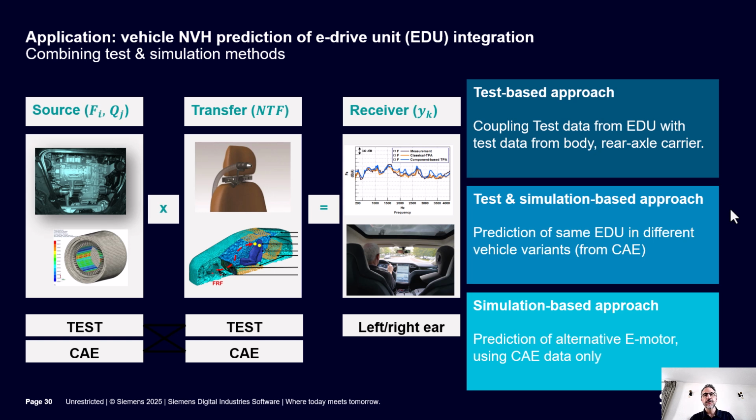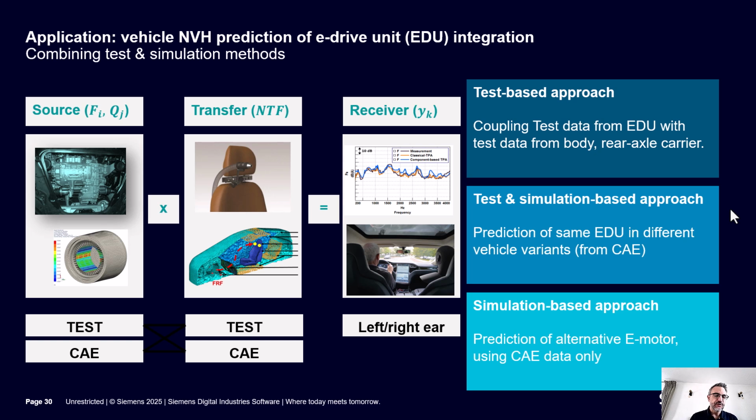So the idea of analyzing the integration of the eDrive in the vehicle is the following. We are using the source transfer receiver model. And the idea is that at each stage of the development, if you are an OEM or supplier, you can have a view about the full vehicle performance.